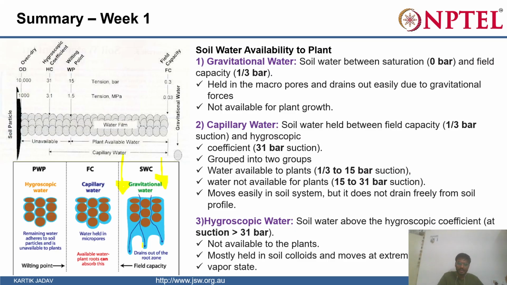And after gravity drainage, there is still some water that is adsorbed on the soil surface, right? Because the soil attracts this water, but it has a limited capacity. You can see this has a certain radius only, depending on what kind of charges you have on the soil and what kind of organic matter you have. It's more of a chemistry part. So you need to understand that different soils have different field capacity.